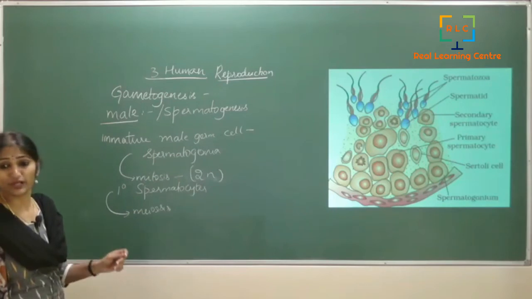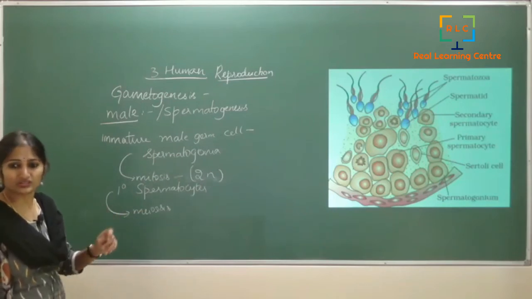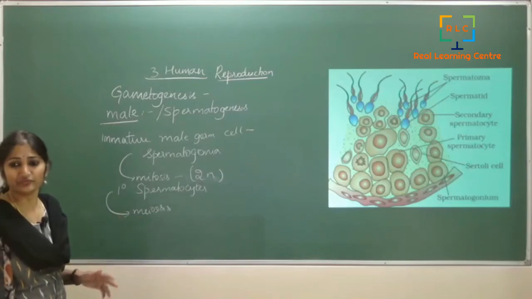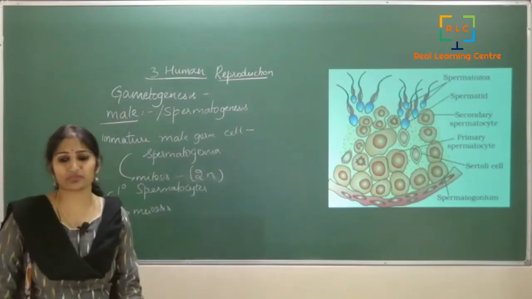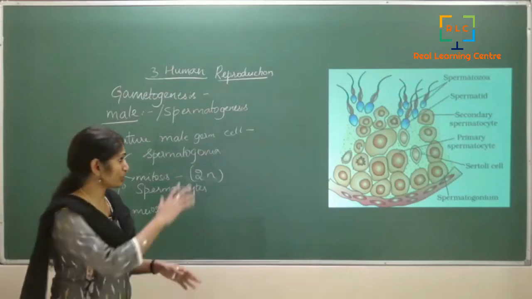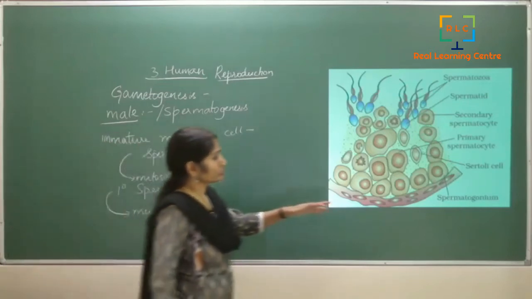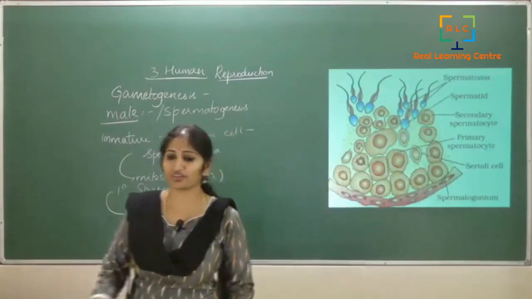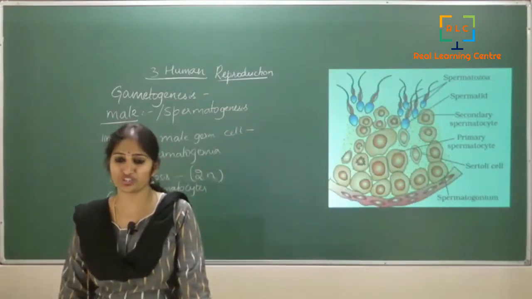Now these spermatids would undergo some kind of modification morphologically, and we call them as the spermatozoa. And the whole process of a spermatogonium forming a spermatozoa is what we call as the spermiogenesis.